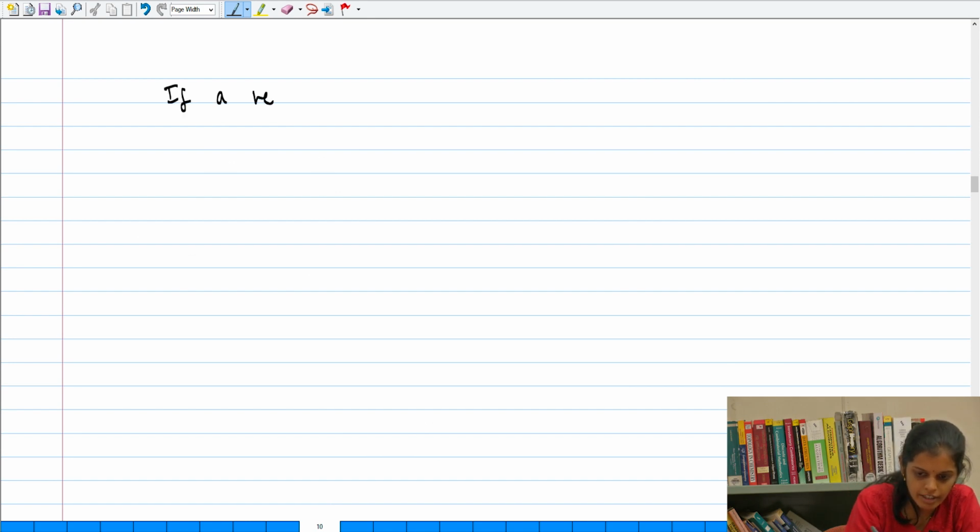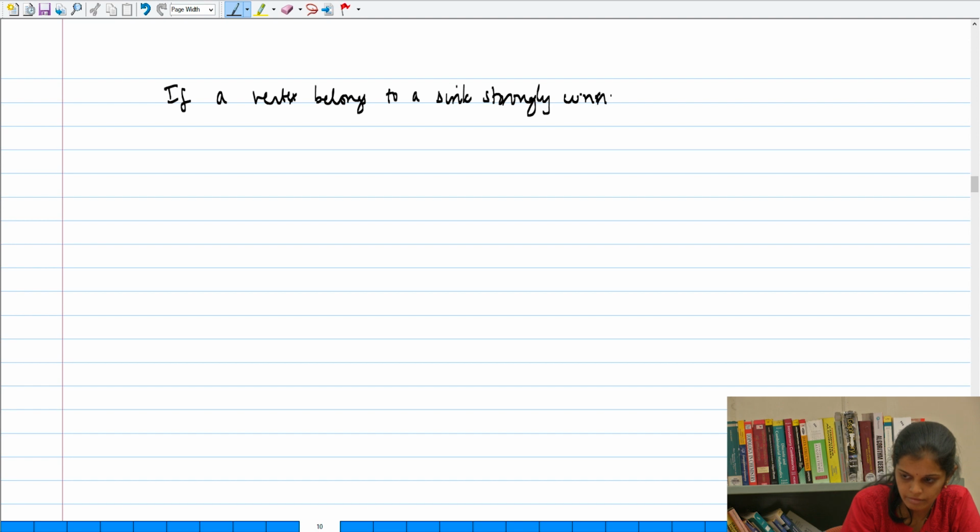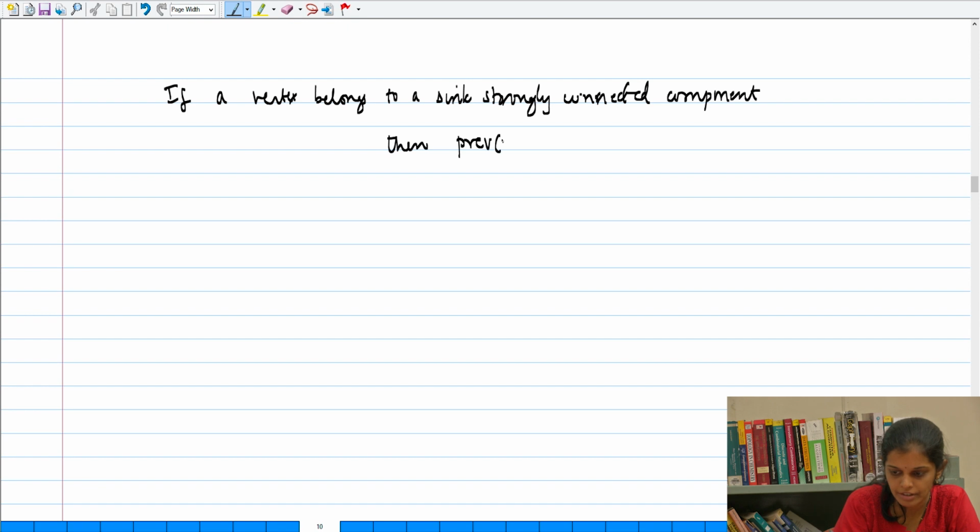If a vertex belongs to a sink strongly connected component, then pre-visit of V is equal to post-visit minus 1. That is what you want to say?